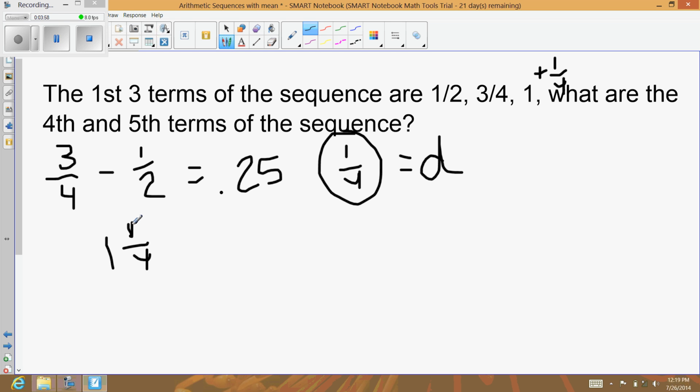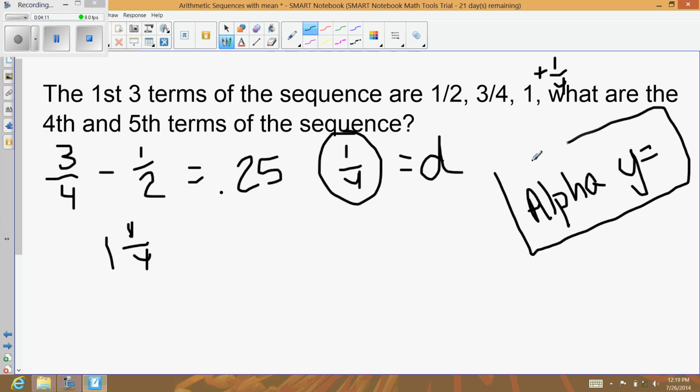If you're dealing with the 84s, remind me in class, and I'll show you what it looks like, because there's a nice little alpha key and then the y equals key, and it converts back and forth between different representations of fractions. It's really great, but it only works on the 84 calculators.